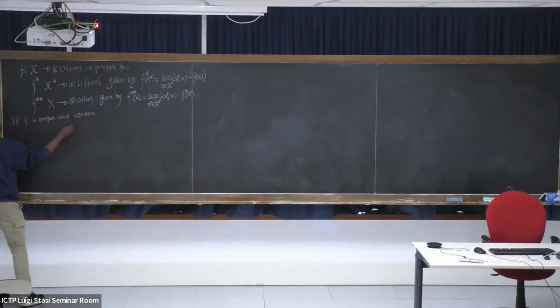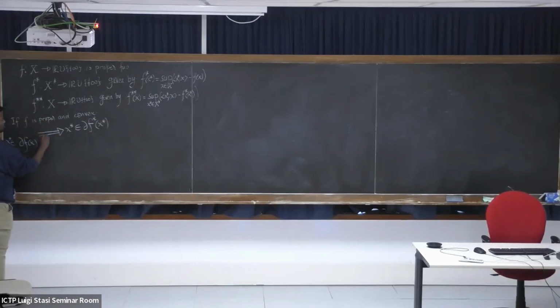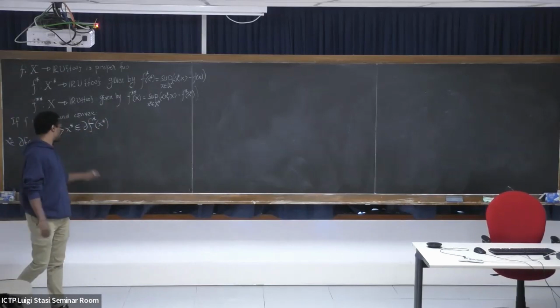Convex, what we have is this: x star is an element of the subdifferential of f at x. This implies that x star is an element of the subdifferential of f star at x star, provided that x is reflexive. If x is reflexive over the space, this is satisfied.